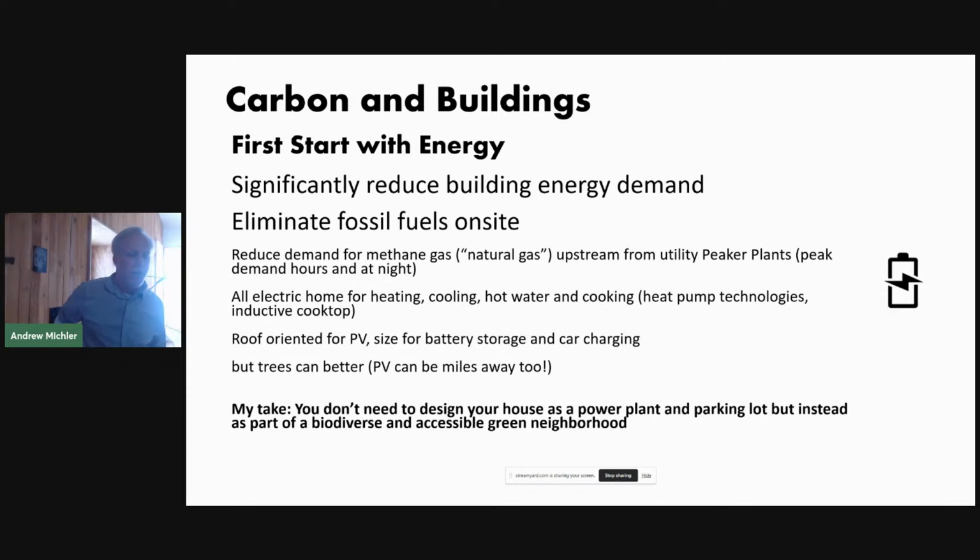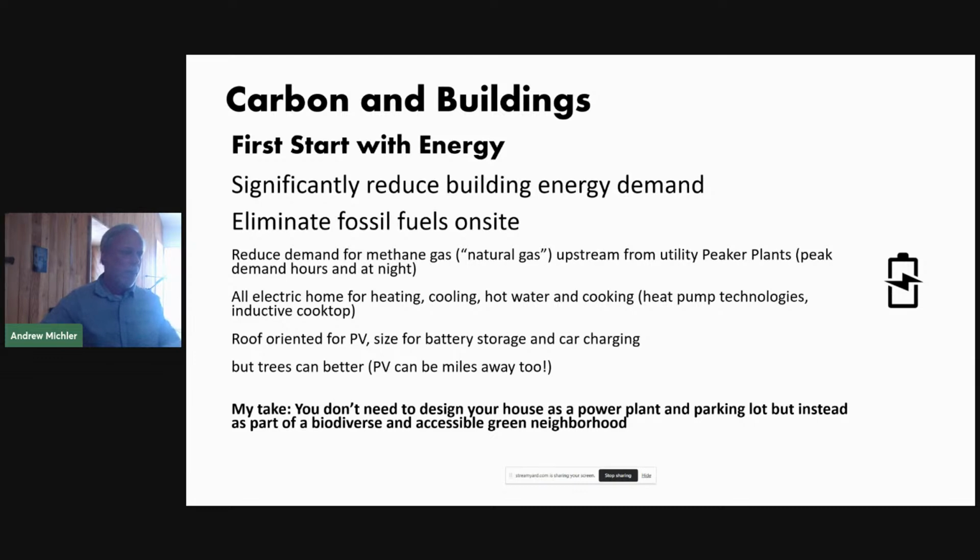And then the other side of this, and we're seeing this quite a bit, I'm sure you guys are aware of where some of these building codes are going, a lot of it has to do with reducing or eliminating natural gas on site and doing all electric homes. So at that point, we're really replacing a lot of the ways that we heat the house, cook, things like that.